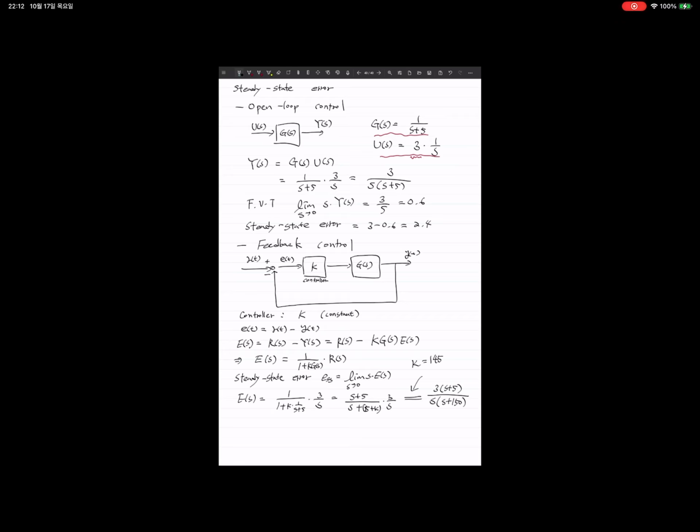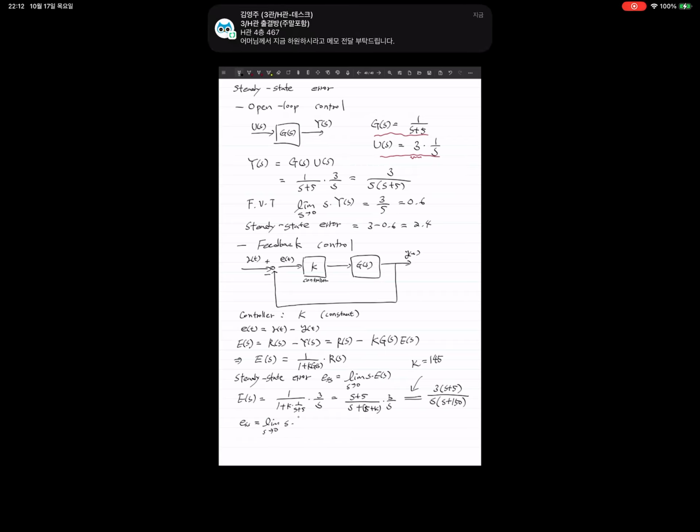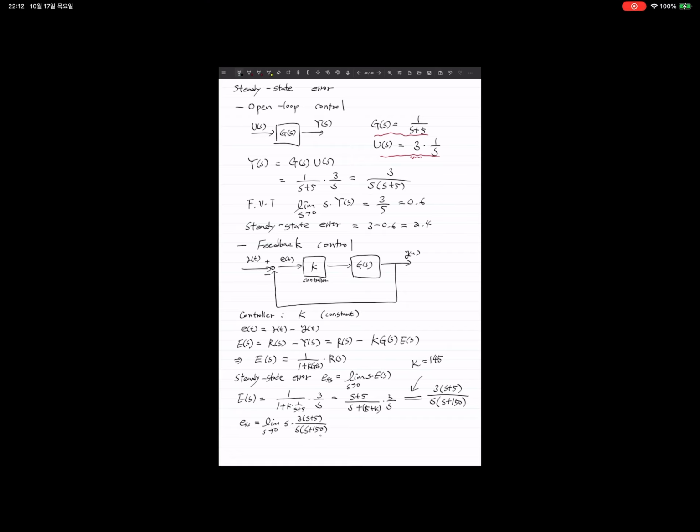Okay. Then the steady state error e_ss is limit s goes to 0 of s times E of s, which is 3 times s plus 5 over s plus 150. So s cancelled out and with s equal to 0, it is 15 over 150, which is 0.1.